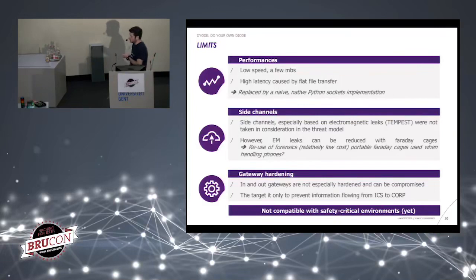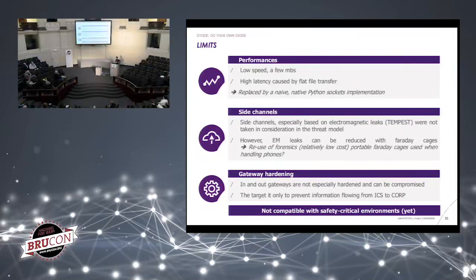But we do not take into account the fact that each Raspberry could be modified by a nation-state agency to add some kind of radio frequency capabilities to discuss between the two Raspberry Pis. That's just something that we do not do.